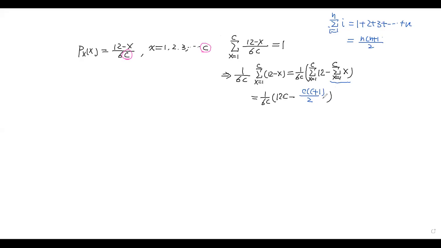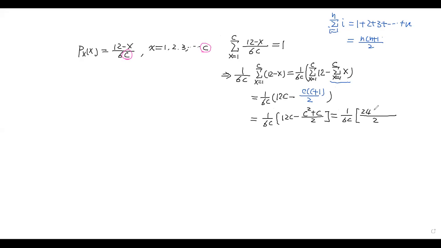Now let's try to simplify this. So this is 1 over 6C times (12C minus (C squared plus C) over 2). Find the common denominator, which is 2.